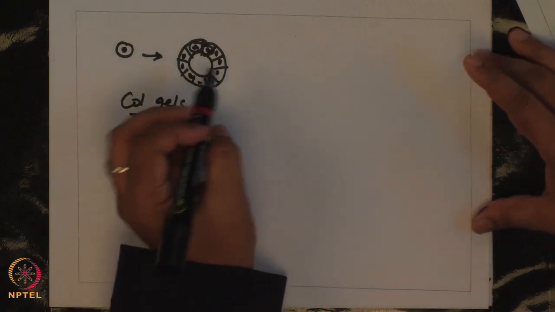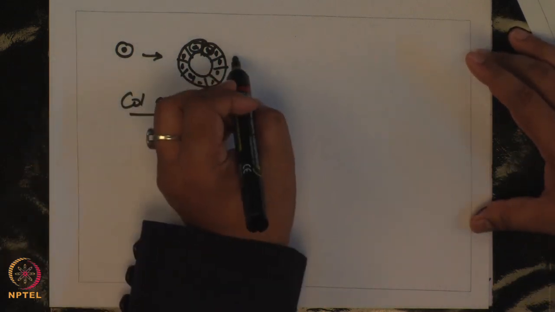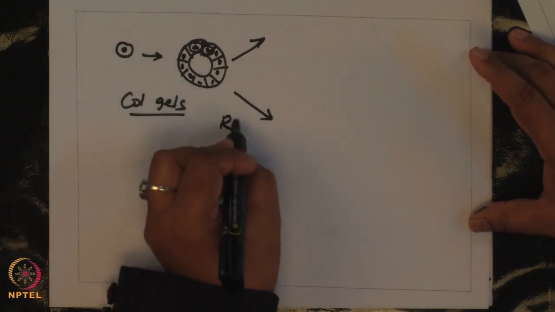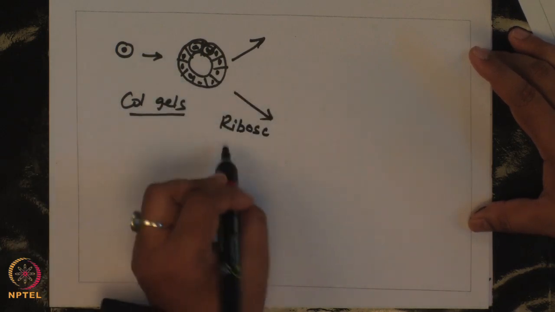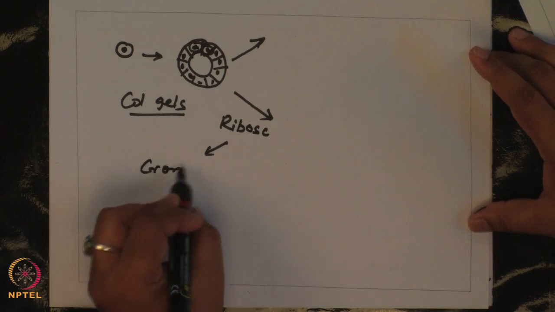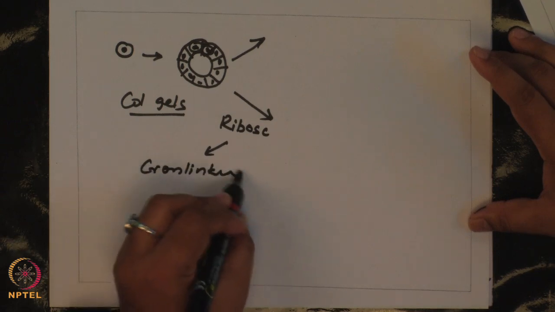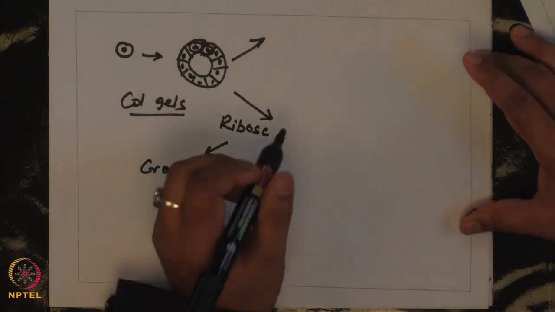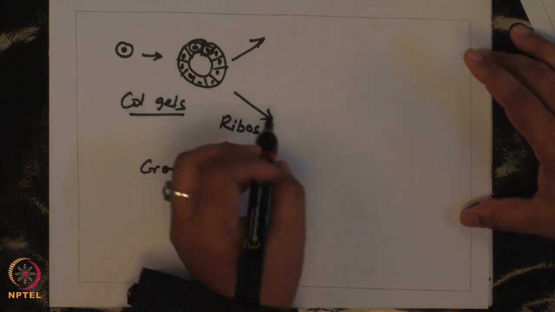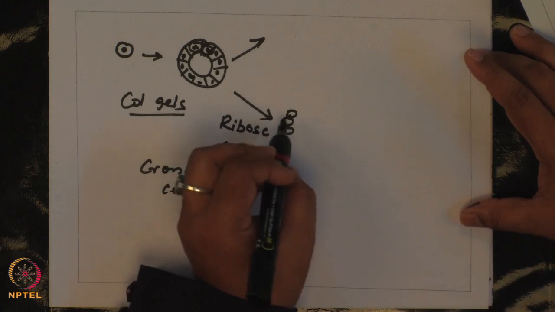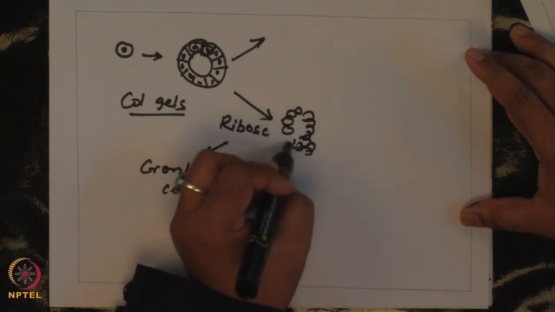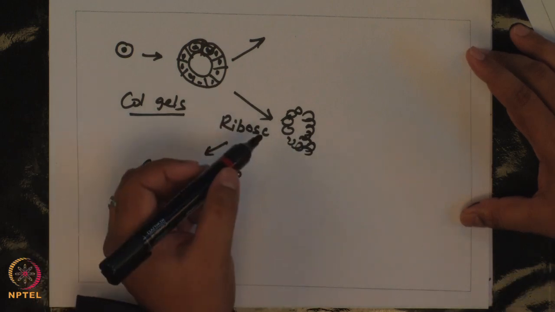And then they did two experiments. In one case they did not do anything, in the other case they added ribose for cross linking the collagen. And lo and behold, in this case they began to see the structure fall apart. Their organized acini structure started to fall apart with ribose.